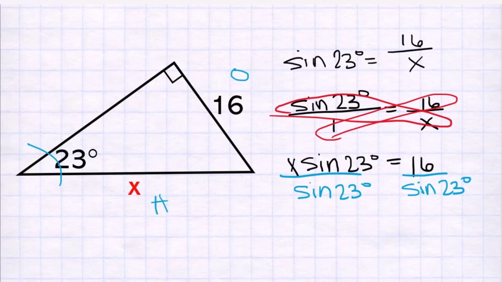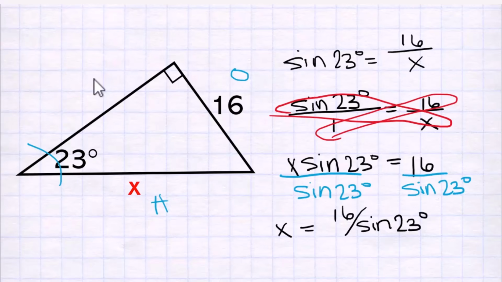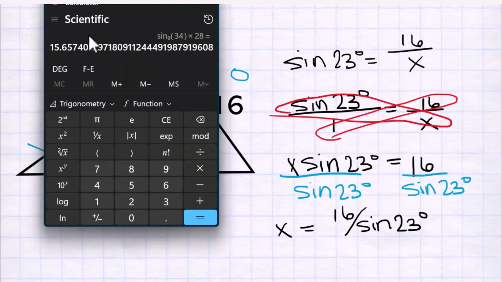Now we're going to go to the calculator and we're going to do 16 divided by the sine of 23 degrees. I'm going to do it on my calculator, you do it on yours. But again, syntax errors can come up here. Some calculators may want you to put parentheses around the sine of 23 degrees. Let's see what happens with my clunker here.